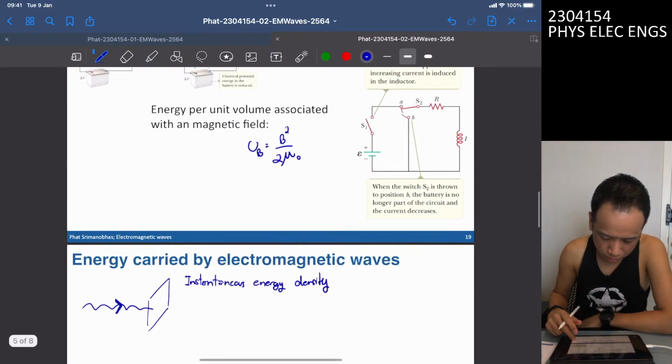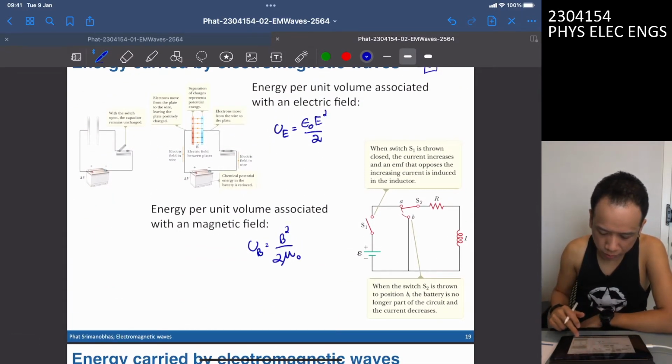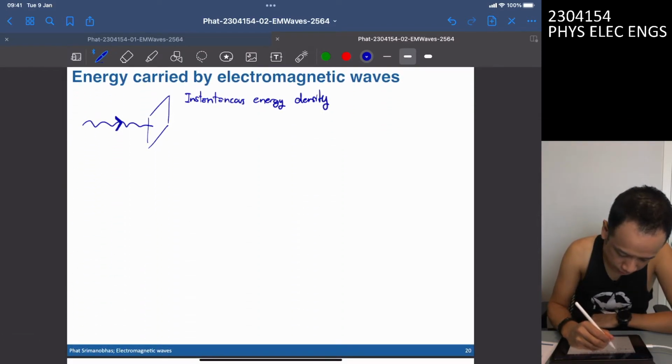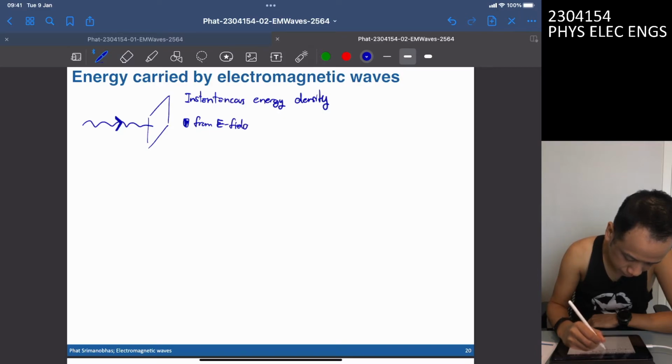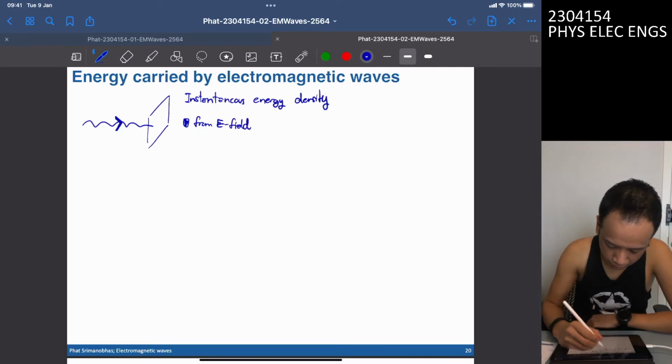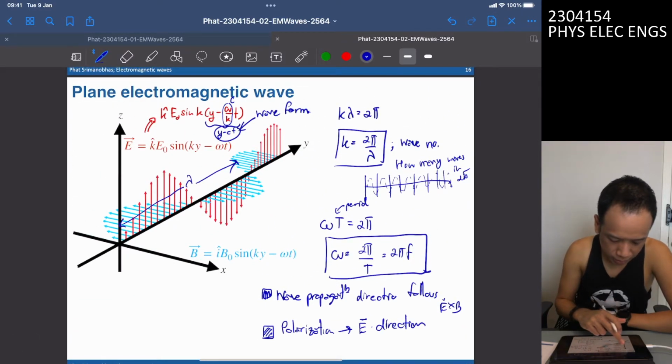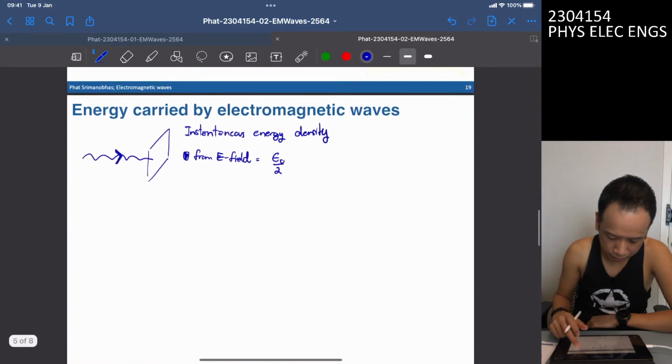Okay, so you just use the energy per unit volume associated with electric fields. So you have the energy from the E field equal to epsilon 0 over 2, right? And this is the wave, so we go back to the wave equations that we have. So E0 sine of (ky minus omega t), right?